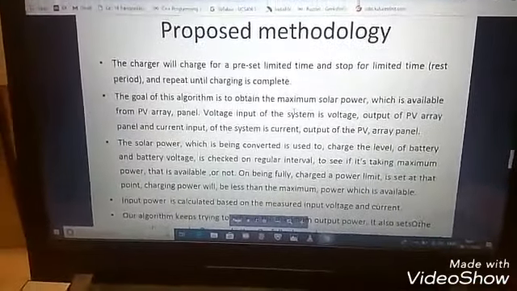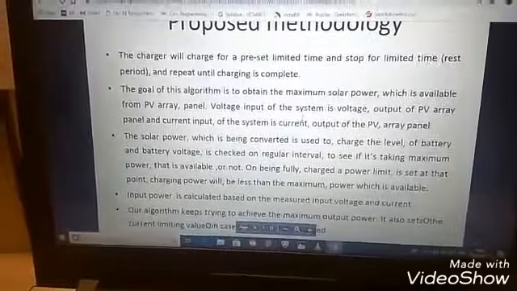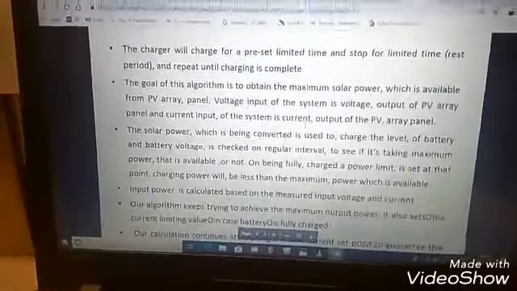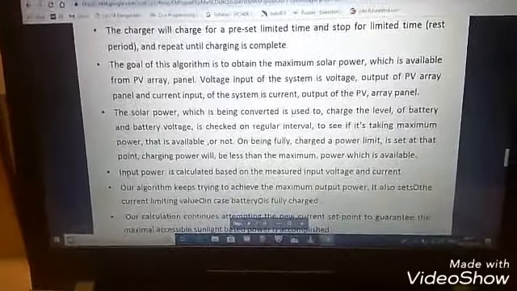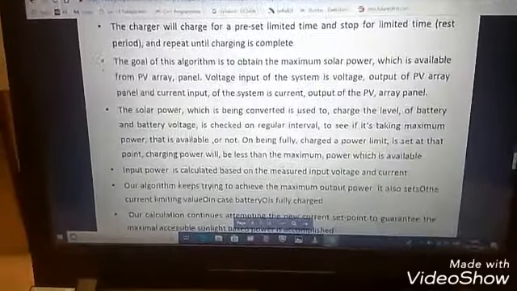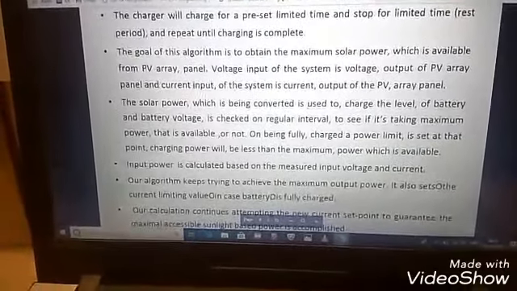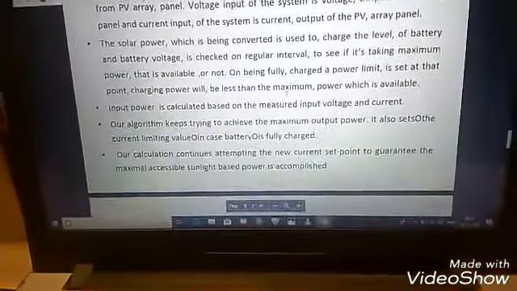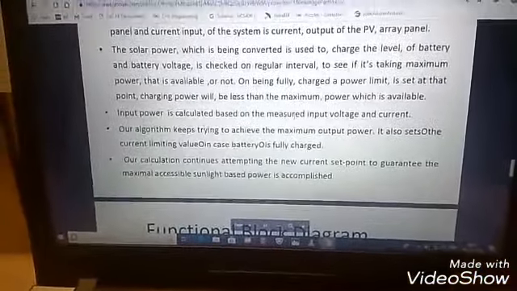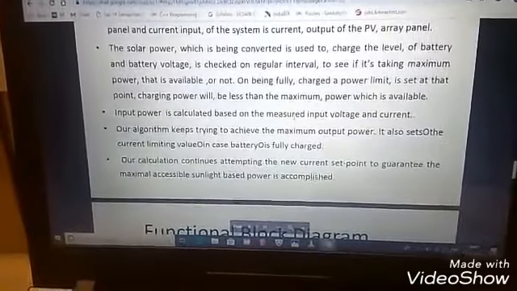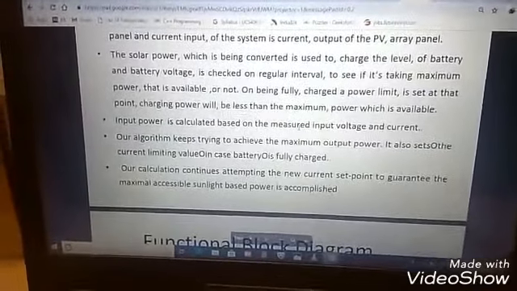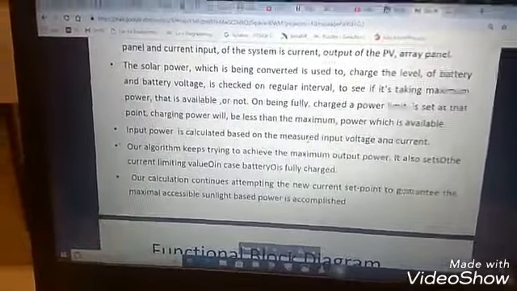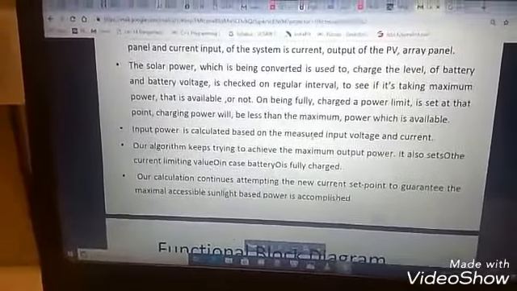The solar power is converted to charge the battery, and the input power is calculated based upon the measured input voltage and current. Our algorithm keeps trying to achieve the maximum output power. The calculation continues by attempting a new current set point to guarantee the maximum sunlight is captured.